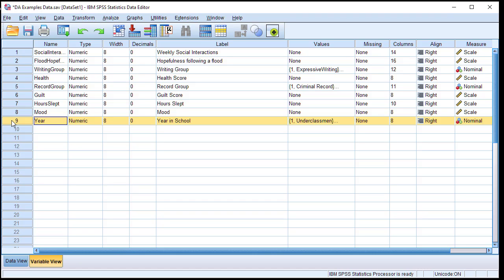And if you're kind of thinking about that, you should be thinking that 50% will be underclassmen, 50% will be upperclassmen, and that's what we expect. We're going to determine if our sample is significantly different than what we expect.